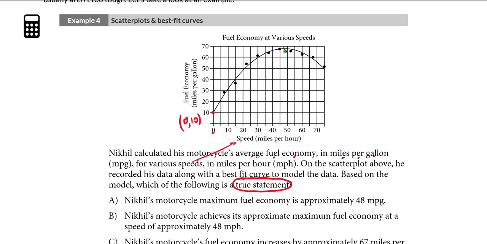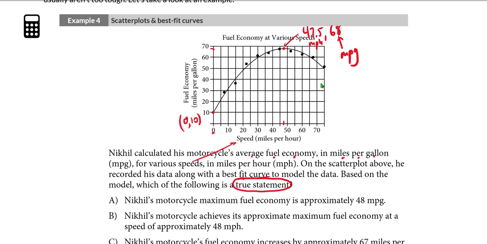Let's say the vertex or the maximum seems to occur about there, right? What does that look like? Maybe (47.5, 68). So it seems his maximum MPG occurs at a speed of 47.5 miles per hour.